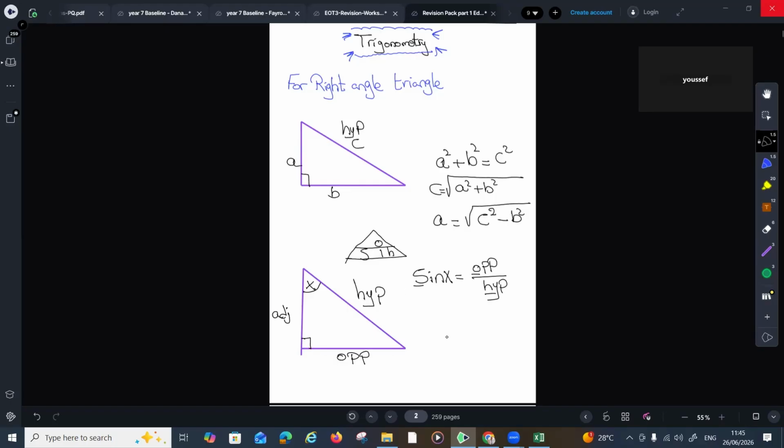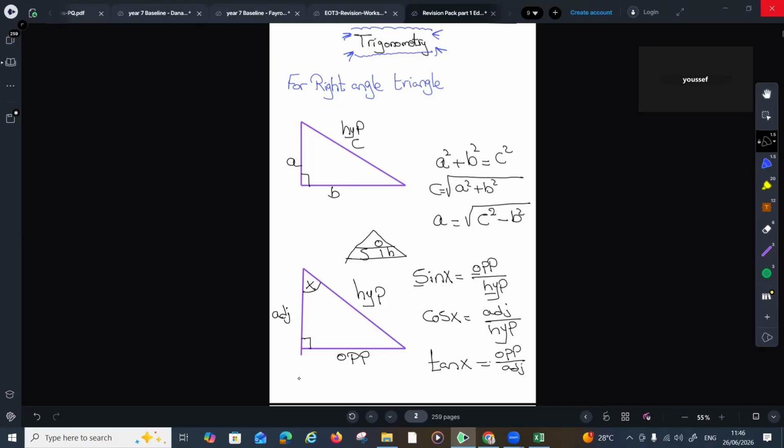Sine equals opposite over hypotenuse. If we take the other ratio, cosine x is adjacent over the hypotenuse, right? And if you take the tan, that's opposite over the adjacent, okay?